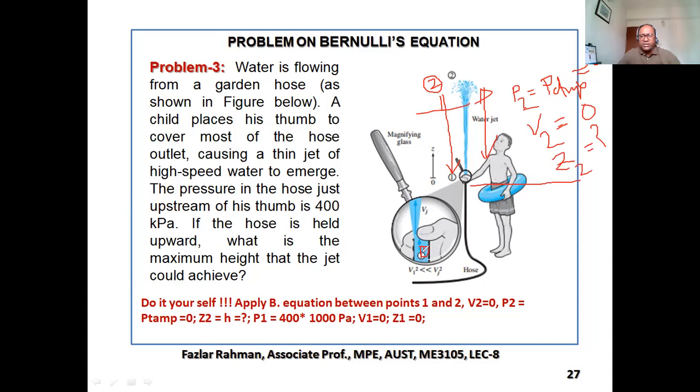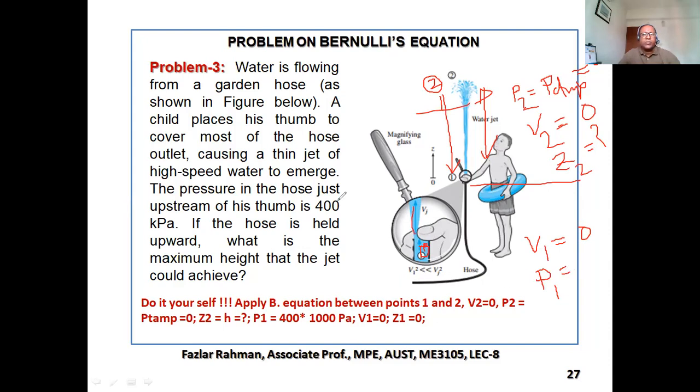And at point 1, just below his thumb, what is the velocity? Just below his thumb? 0. Because velocity of water is coming out right over here, but just below his thumb, at this point, velocity is 0. So we'll say V1 equals 0. And what is the P1?